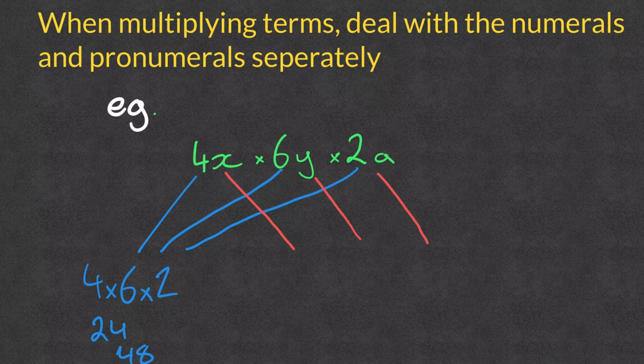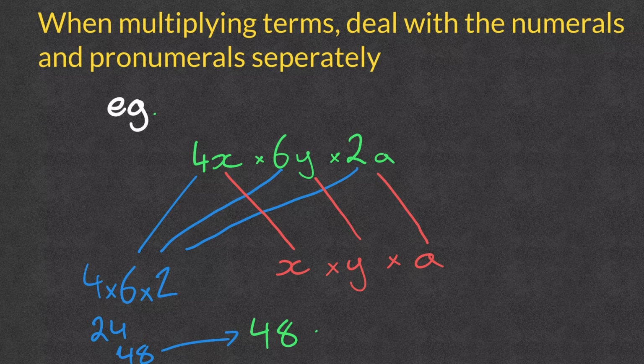Then over this side, we're dealing with our pronumerals. x times y times a. There's nothing we can do to that, because we haven't been given a number to substitute in. So now the answer is just 48, and that comes from over here.